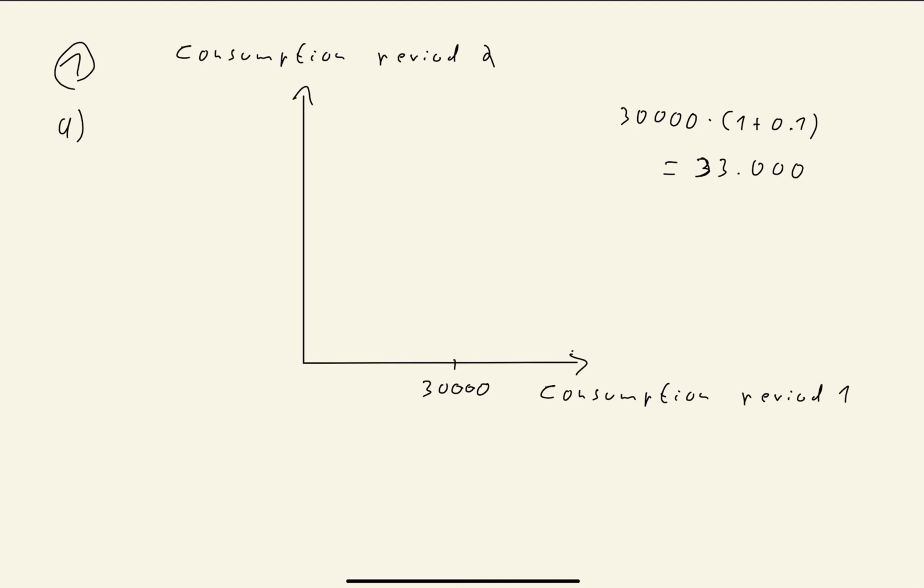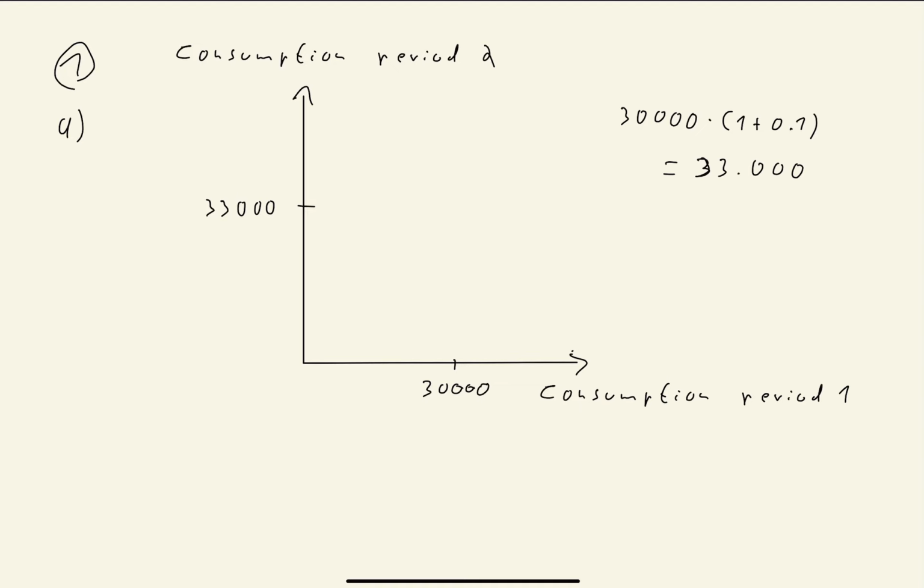Again, this will not be very precise, but you will get what I mean here. So this is $33,000. If we put all our consumption in one period, we can obviously consume more in period 2 than in period 1 because we get interest.